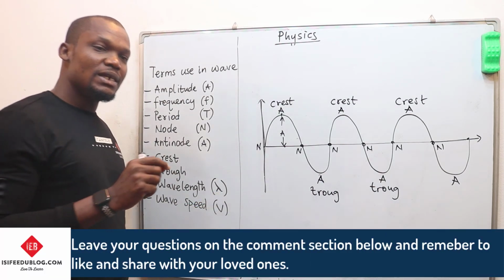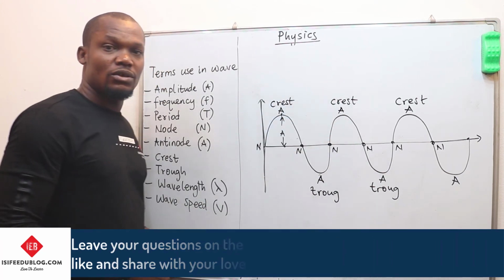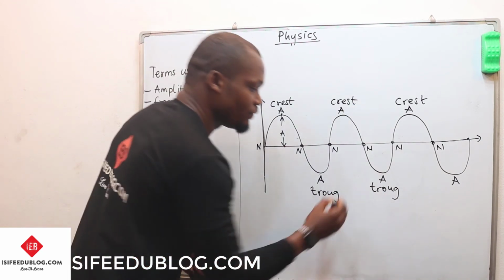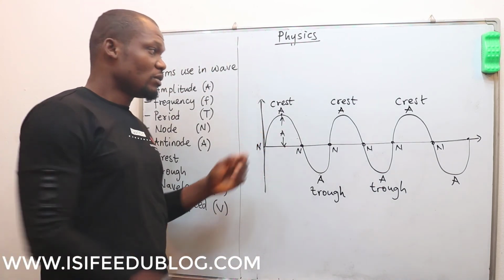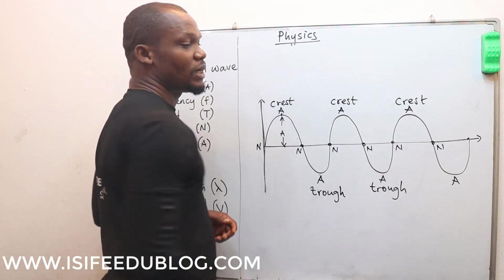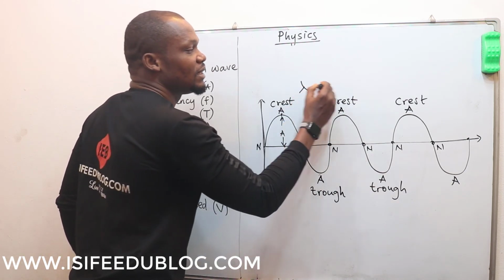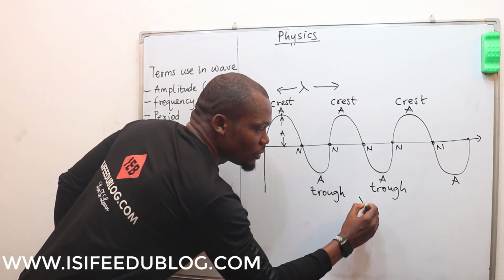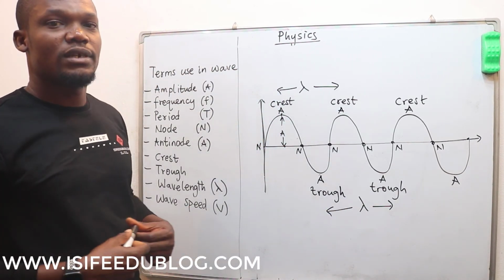One wavelength is the distance between this crest and this crest, or the distance between this trough and this trough, because the distance from here to here is equal to the distance from here to here. So if we have lambda here, it is from this point to this point. We can also call this point our wavelength. Very, very important.